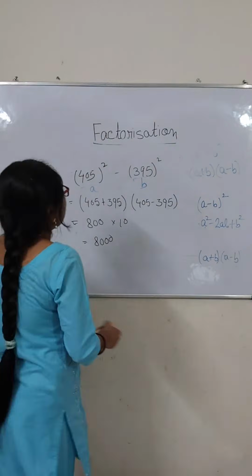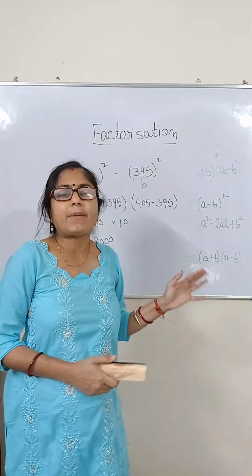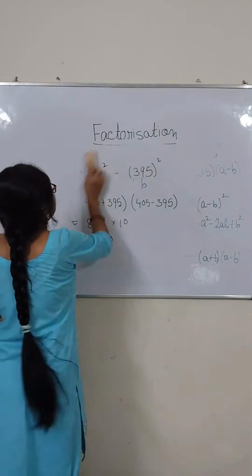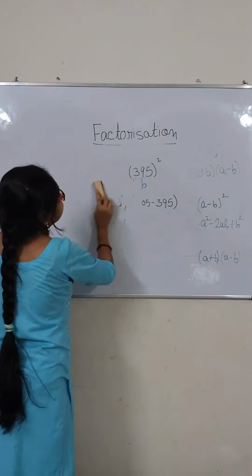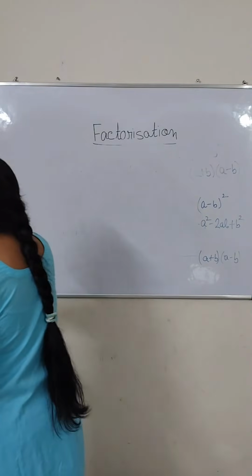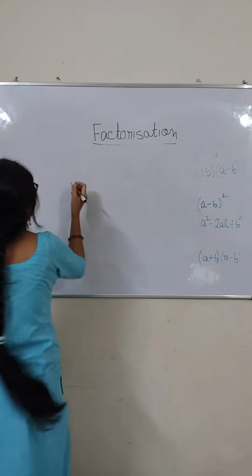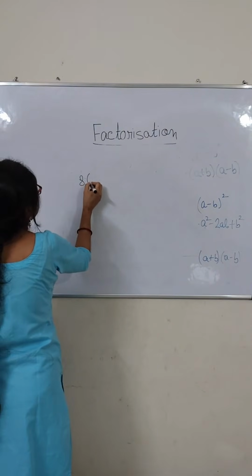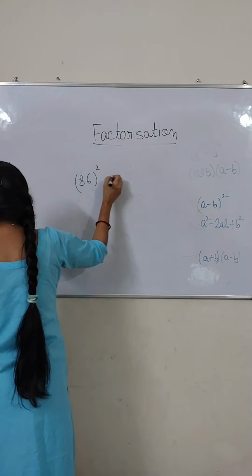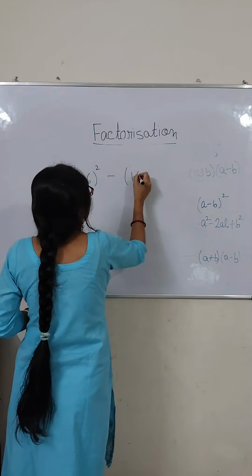Now, this type of math, but I give you with 1 decimal number. 1 decimal number I give you. 8.6 whole square minus 1.4 whole square.